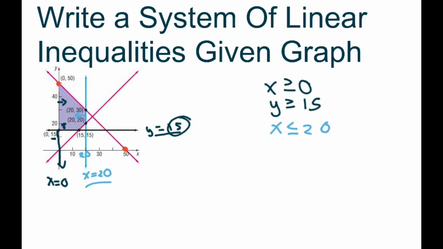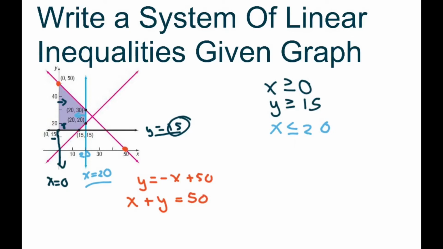So this line has slope -1 and my y-intercept is 50. If I move this x over, we get x plus y equals 50.